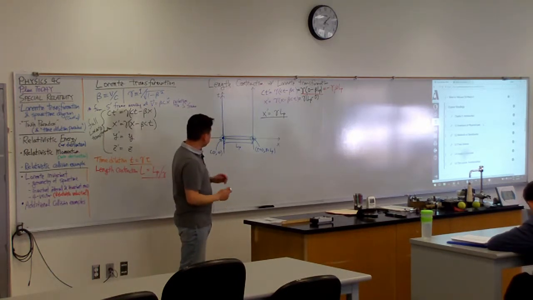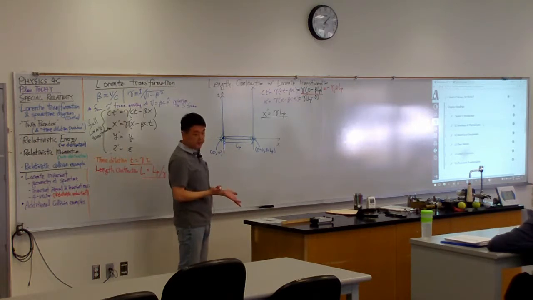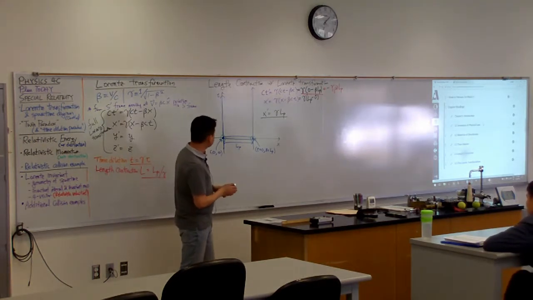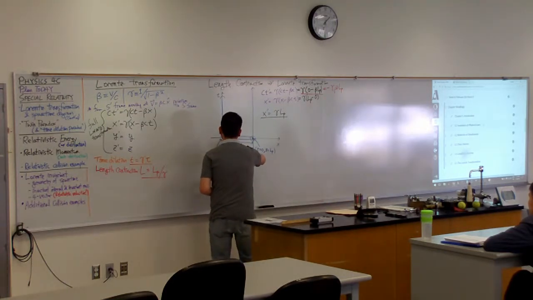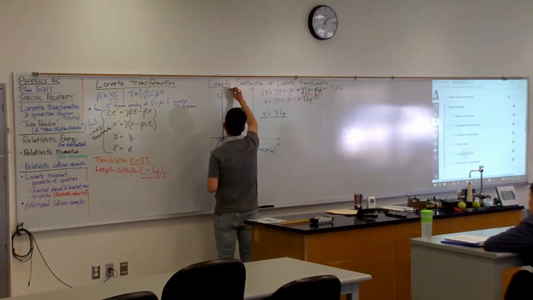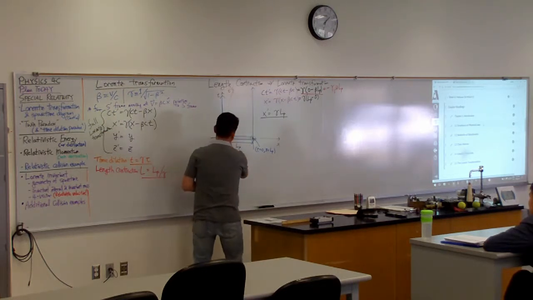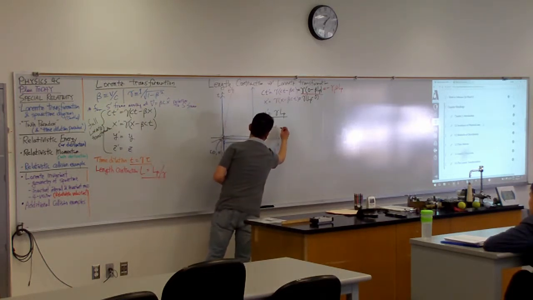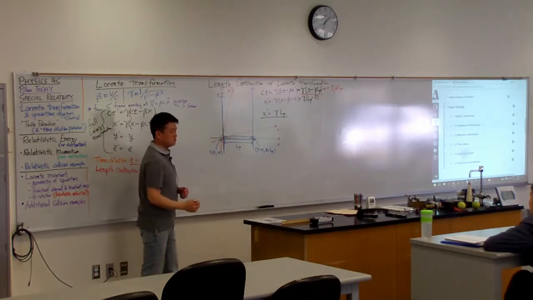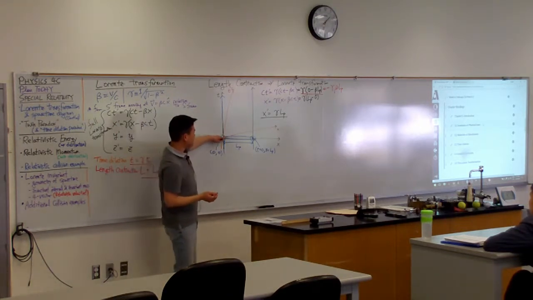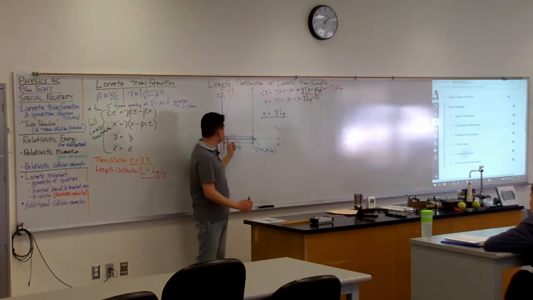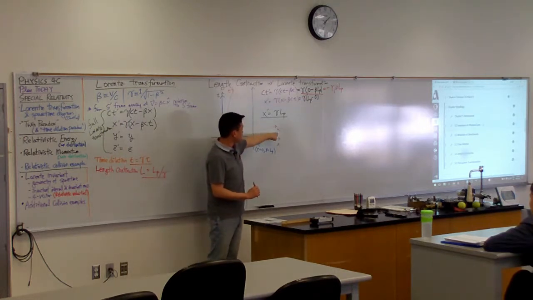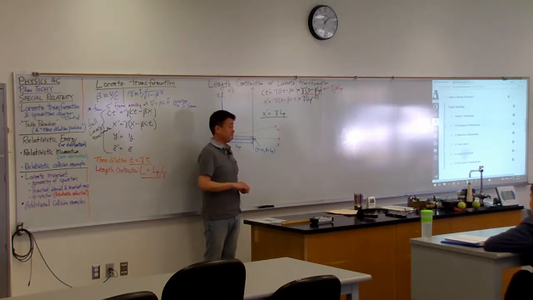You guys saw me draw this coordinate axis for the primed coordinates last time. Let me draw it again. This is the primed coordinate, t prime. And this is the primed coordinate, x prime. Everyone okay with what this axis represents? If we had to describe the set of points that make up the x prime axis, what would you call it?